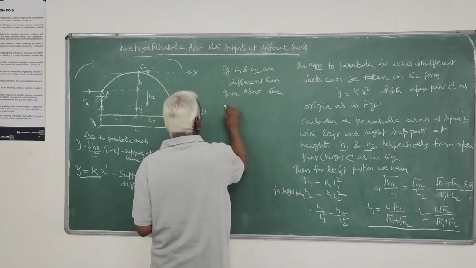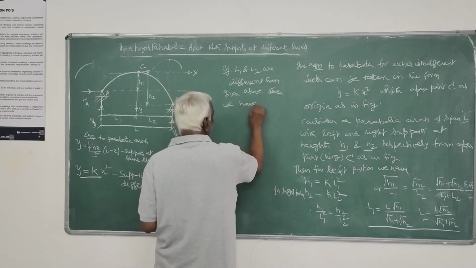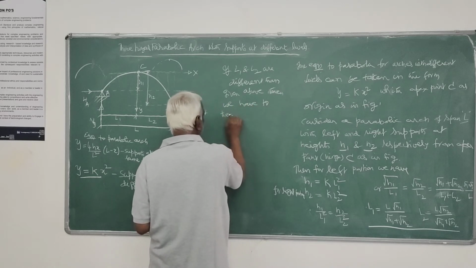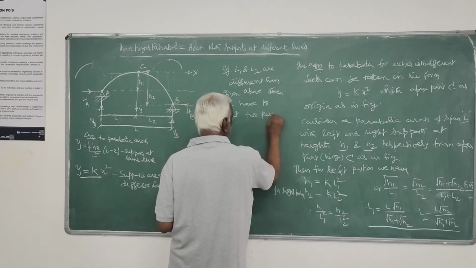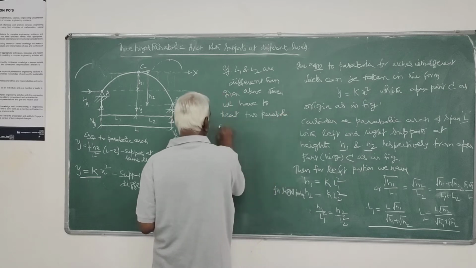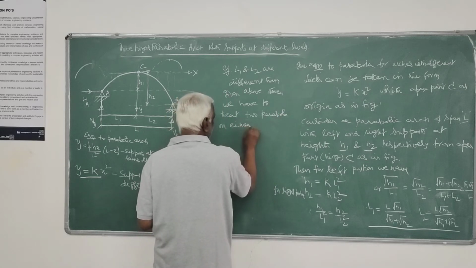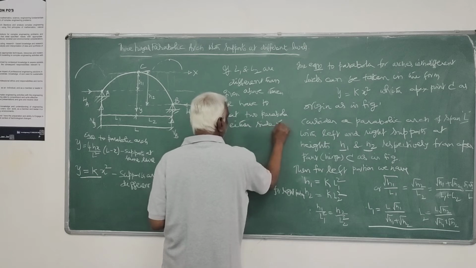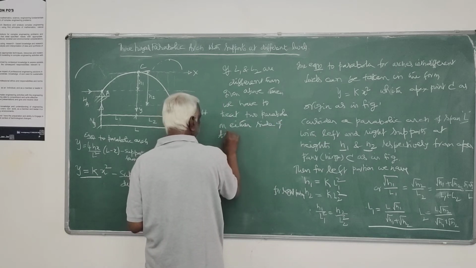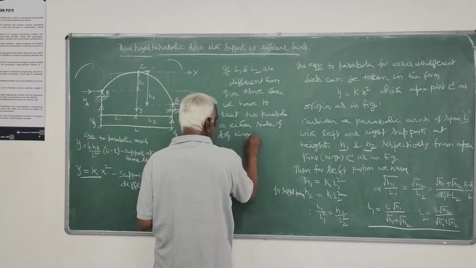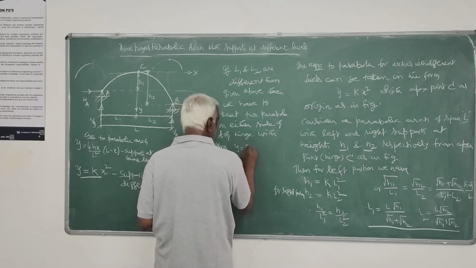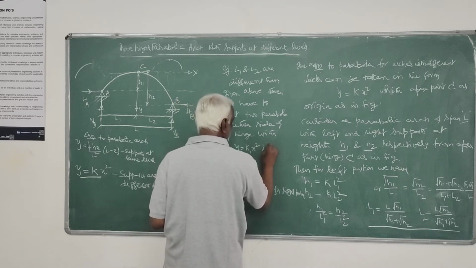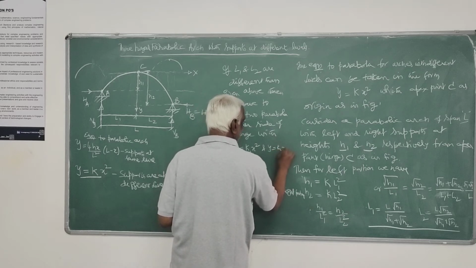Then we have to treat two parabolas on either side of the top hinge with equations y equals k1 x squared and y equals k2 x squared.